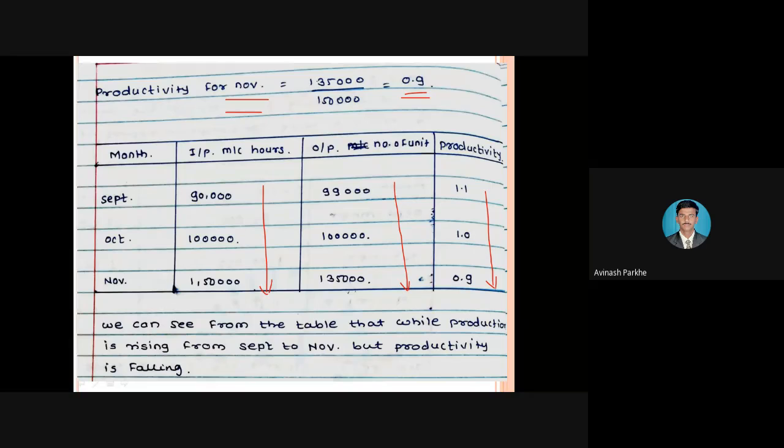This is one more example, and through this we can easily understand that production and productivity are not similar to each other. For this particular problem, we can easily say that your production rises, but the productivity is falling. So this is case number 1, or problem number 1, related to productivity calculation.